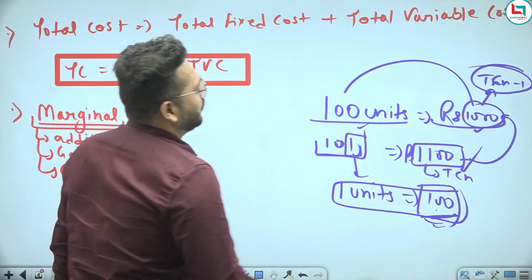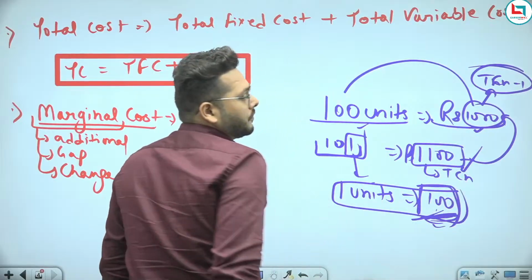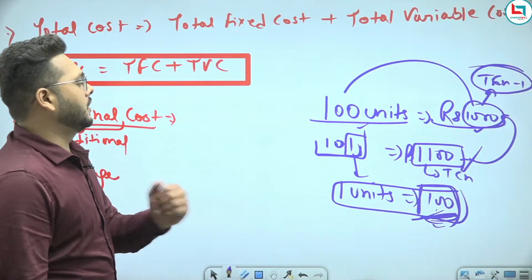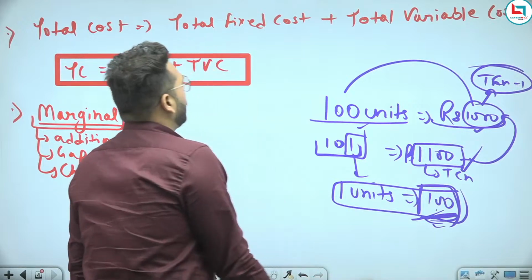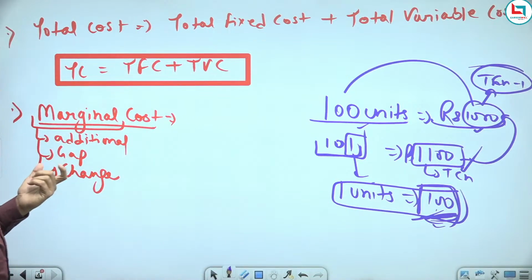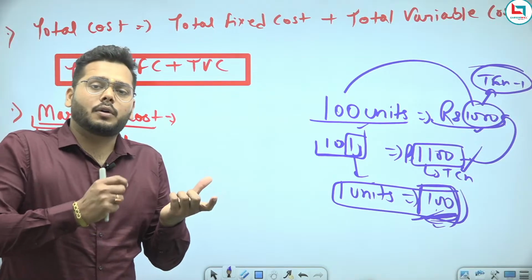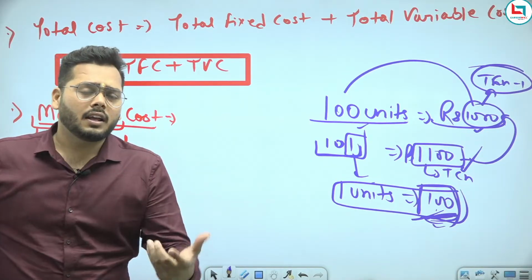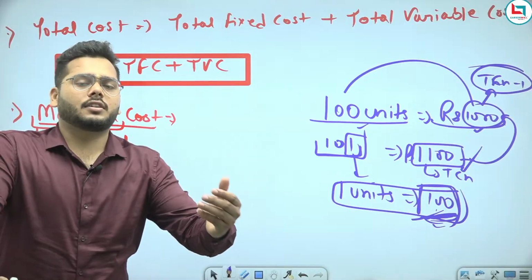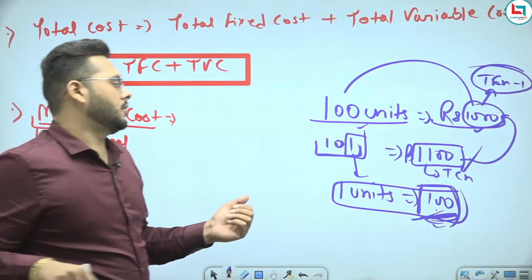So whatever the amount incurred on this additional part of production that you have done, that 100 rupees will be called what? Marginal cost. So marginal means what? Additional. Whatever the amount that you have expended on one additional production will be included in the marginal cost.